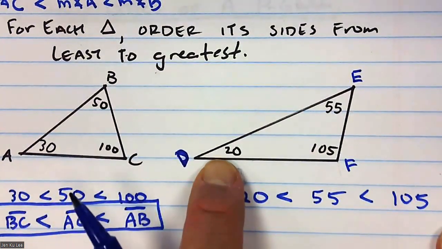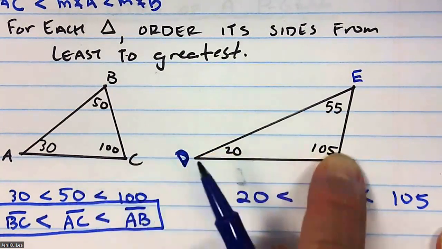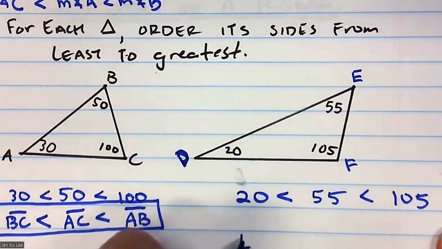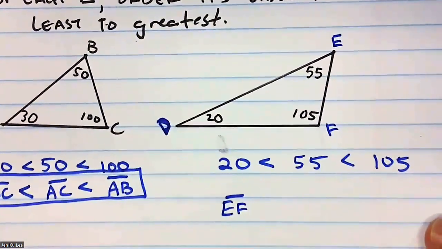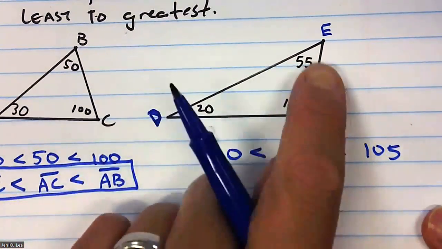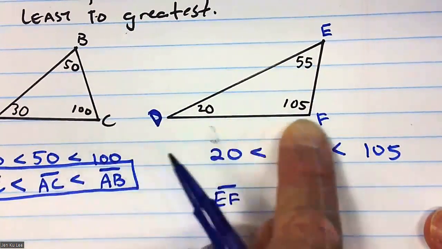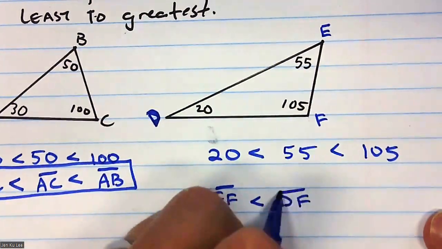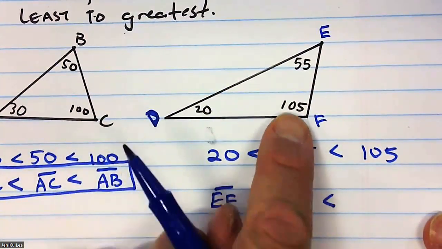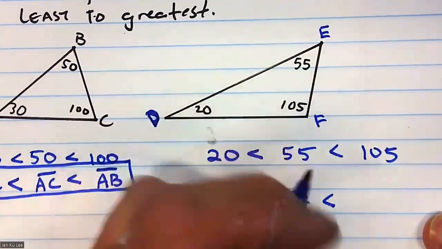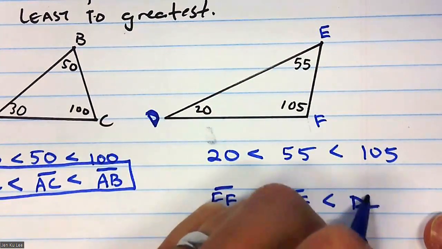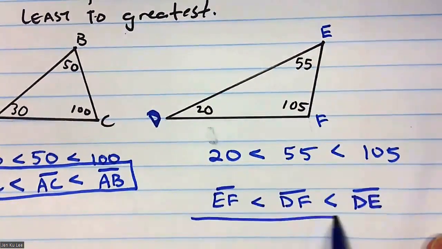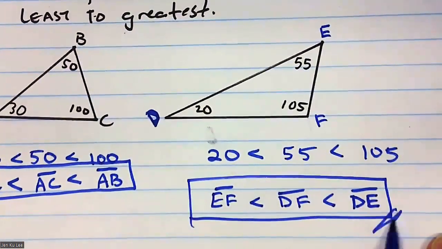So 20, the side opposite that is EF. So EF is the smallest side. 55, the side opposite that is DF. So DF is the middle side. And 105, the side opposite that is DE, which is that. So this is the relationship.